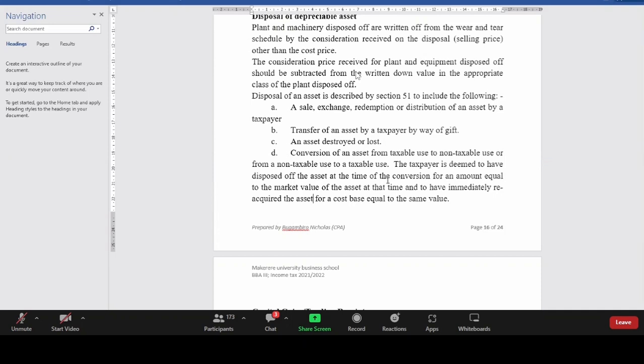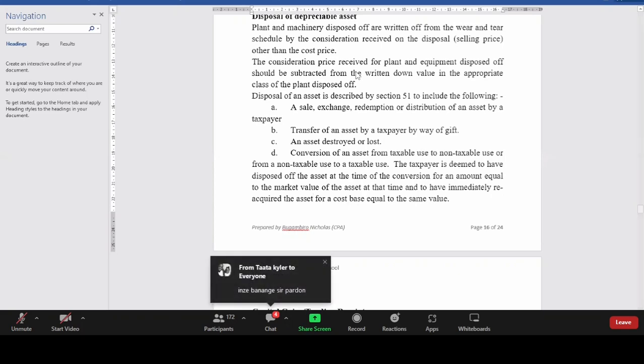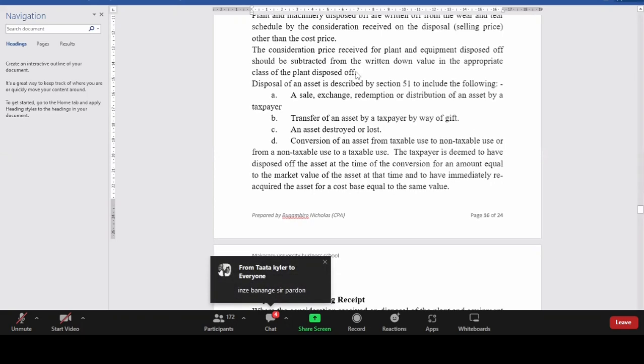In short, you take the written down value you had before, the book value of that asset, and compare it with the market value now. If I were to acquire that asset in the market, what would it go for? You assume you have sold it, you remove it, and determine whether there is a gain or a loss. The gain will be taxed, the loss is allowed. A little tricky, guys. That is tax for you.